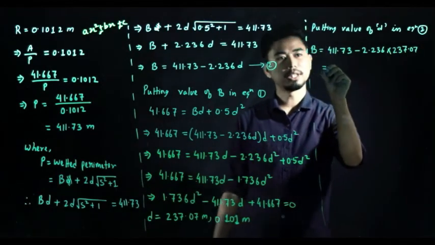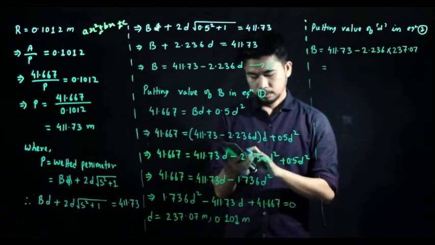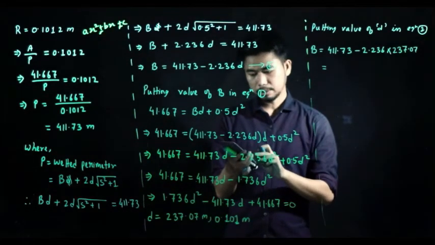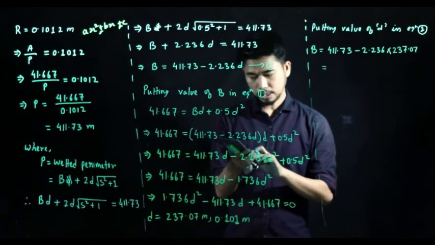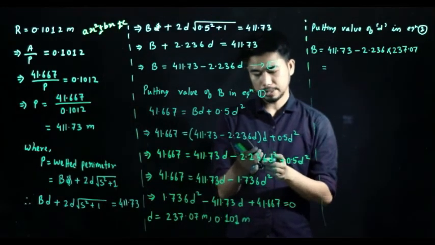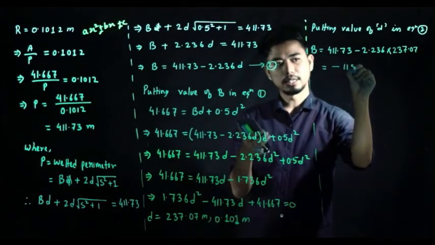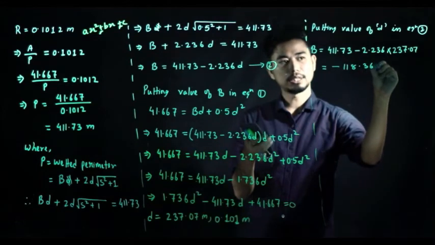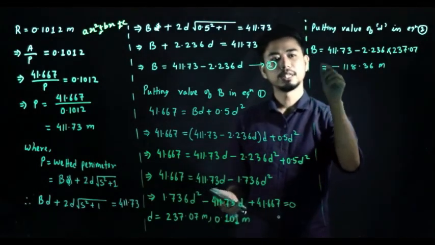So 411.73 minus 2.236 multiplied with 237.07 will give us negative 118.36 meter. Okay, so this is by putting the first value of D.